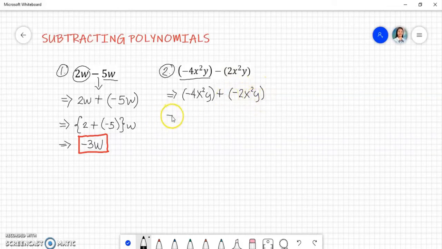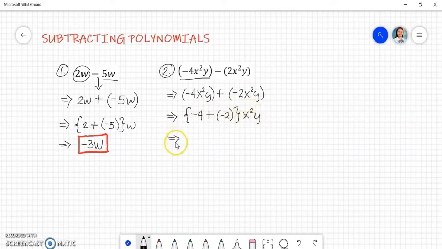Okay, this time proceed to the rules of adding polynomials. Separate the numerical coefficients negative 4 and negative 2 and copy the same variables x squared y.